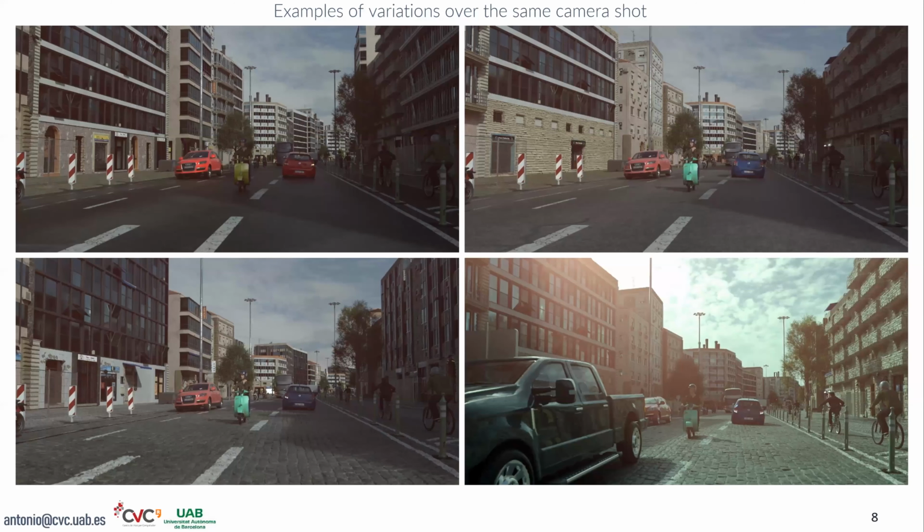Okay, so I think we can see here, not super well, the same scenario, for instance, taken from the same camera location, but where we have changed things like the color of the assets, the road surface from traditional asphalt to a more stone-like surface, the number of cars in the scenario, and so forth.